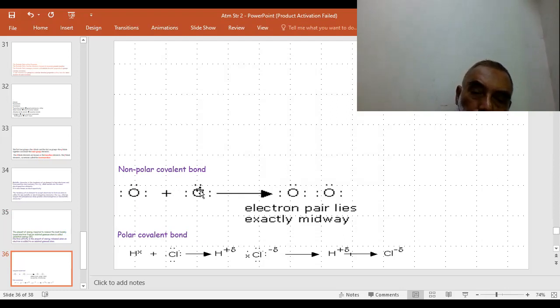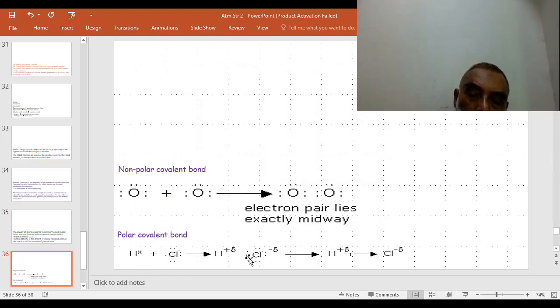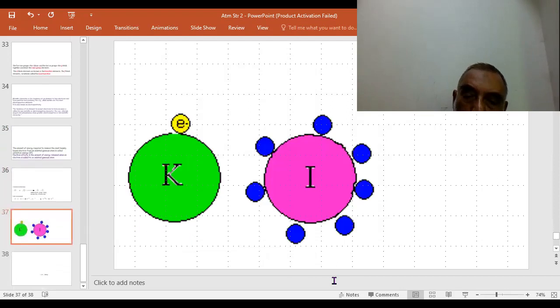Similarly, if 2 hydrogen atoms or 2 chlorine atoms are connected together, they become stable, and they are non-polar bonds. But in the case of hydrogen chloride, chlorine, being more electronegative than hydrogen, becomes partially negatively charged and hydrogen becomes partially positively charged. So this molecule is a polar molecule, and the bond between them is a polar bond.